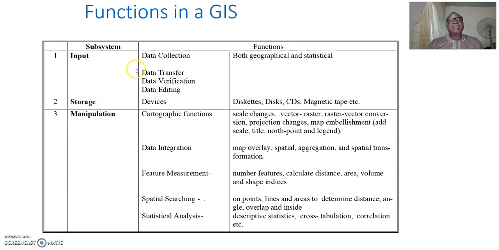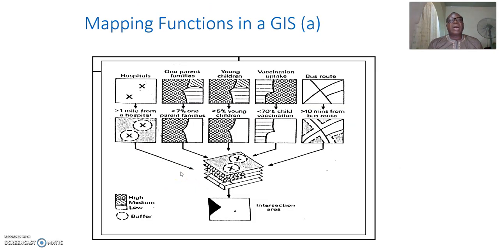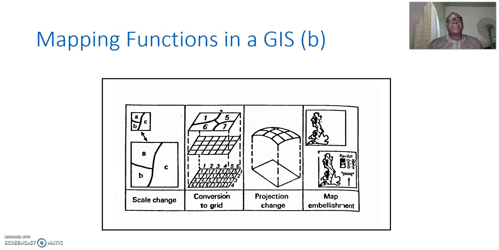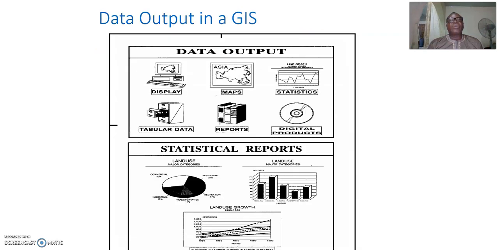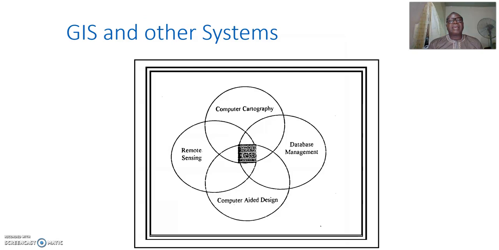So in an input, storage and manipulation system, data is very key and critical. So how do we get this data? Under the mapping function, a GIS is going to use data that we collect in the form of point, line, and polygon, as we said in our last lecture, or in the form of a raster, as we said in the other lecture.